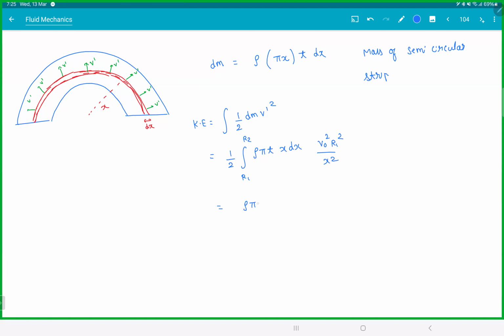So rho pi t v naught square r1 square by 2 integral dx by x. Rho pi t v naught square r1 square by 2 ln r2 by r1. Check. Like I said, kinetic energy is the easy one. No headache of i cap, j cap. Directly take half mv square and you're done.